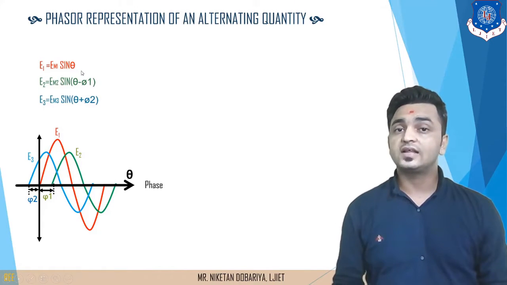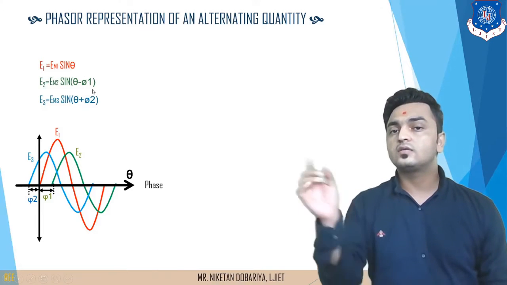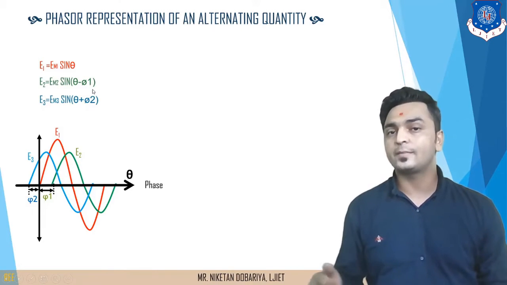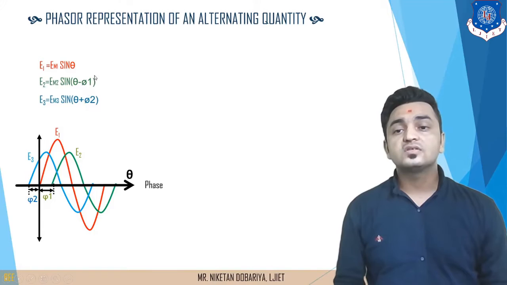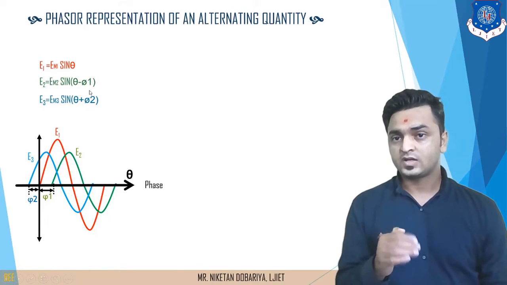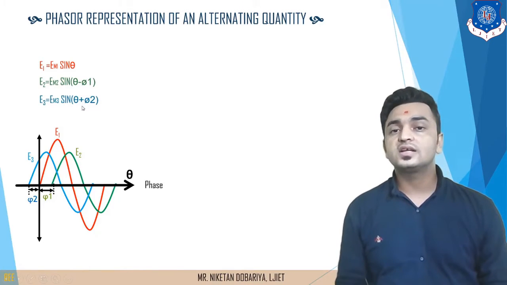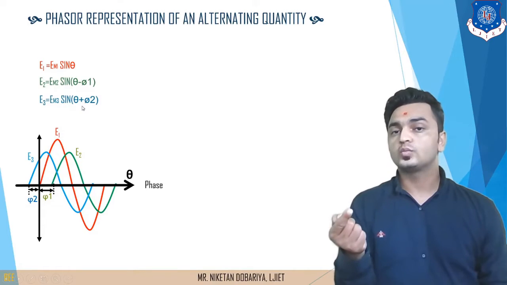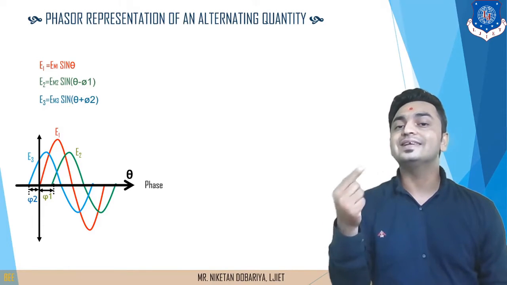Here, after theta there is no angle, which means phi is equal to 0; that is the phase of the first voltage or EMF. The phase of the second, E2, is minus phi 1, where minus means lagging. Again, for the third it is plus phi 2, and plus means this is leading.